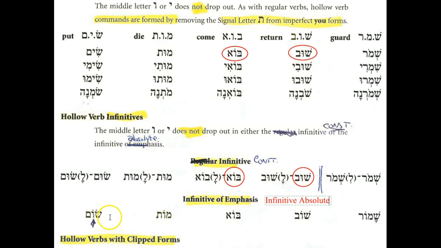Because this is an infinitive absolute, the letter is always a holum vav. So in some of these cases, for example with the word bo, there's no difference between the imperative, the infinitive construct, and the infinitive absolute. Well, once again, context is your friend.